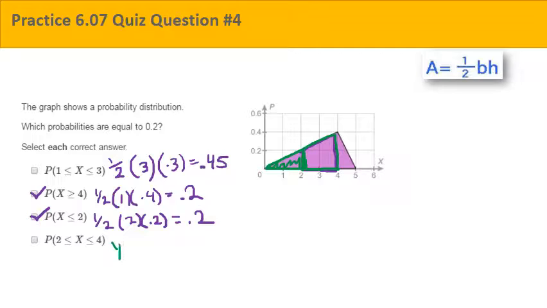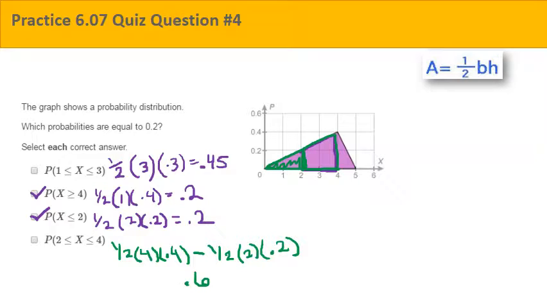So the area of the big one, which is from x is less than 4, that's going to be 1/2 times the base, which is 4, times 0.4, minus the little triangle, which is 1/2 times the base of 2, times a height of 0.2. Okay? Then after you do that, you get 0.6 is your answer, and that one is not equal to 0.2.